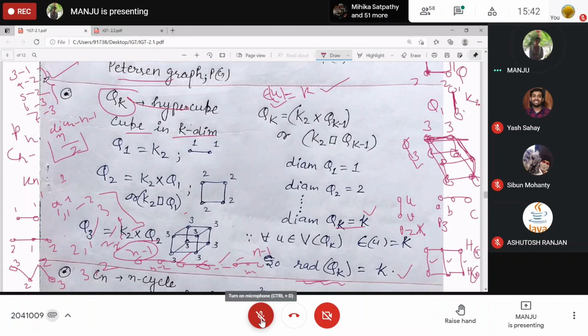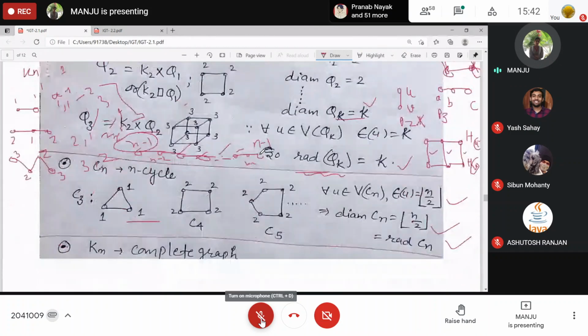Okay, यहाँ पे 2 and 1 के केस में 0 था, right? So 2 and 3: 1, 1; 4 and 5: 2, 2; 6 and 7: 3, 3. So radius of Pn is different from diameter, right? Radius is coming as floor of n by 2 and diameter is n minus 1. Is there any doubt to find eccentricity, diameter and radius?